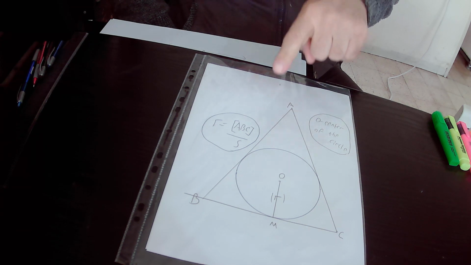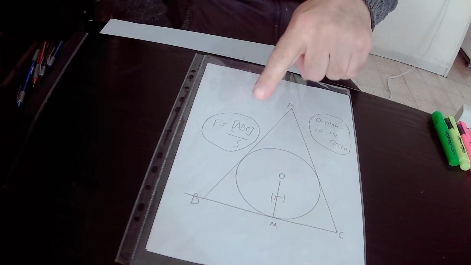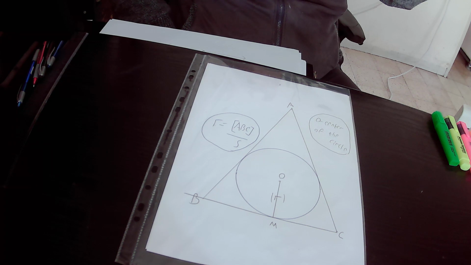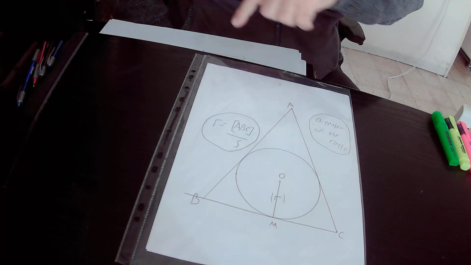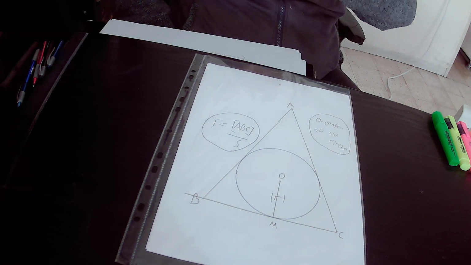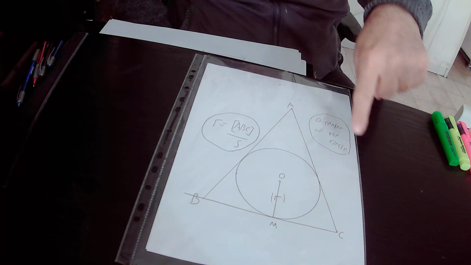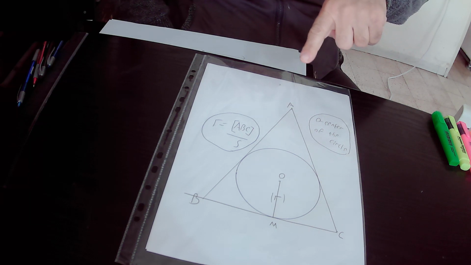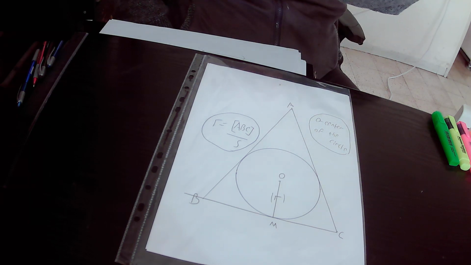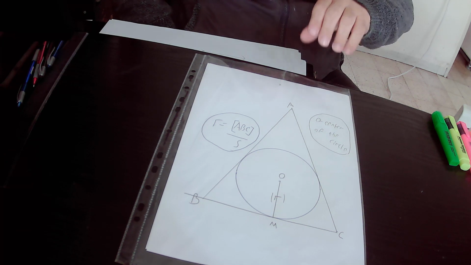We have here a circle that is inscribed in triangle ABC. So the radius R of this circle, according to rule number 15, equals the area of triangle ABC over the semi-perimeter of the same triangle. So we can actually implement rule number 15 in our drawing.